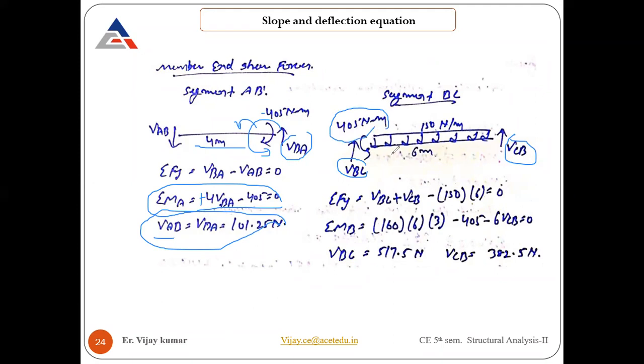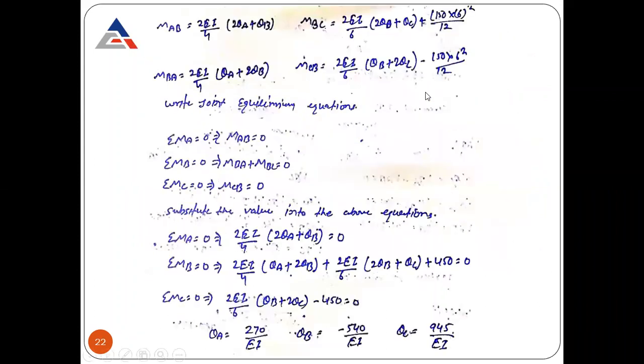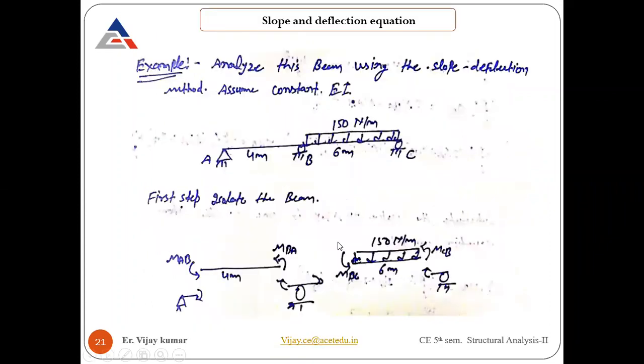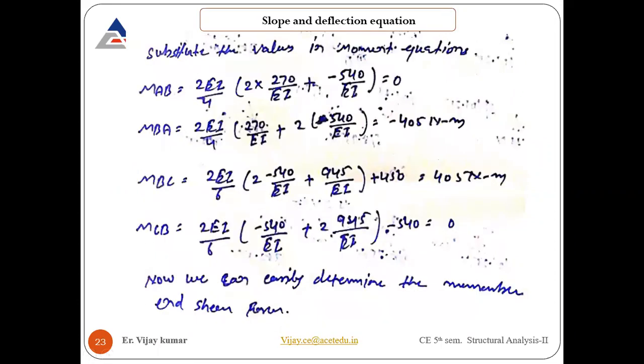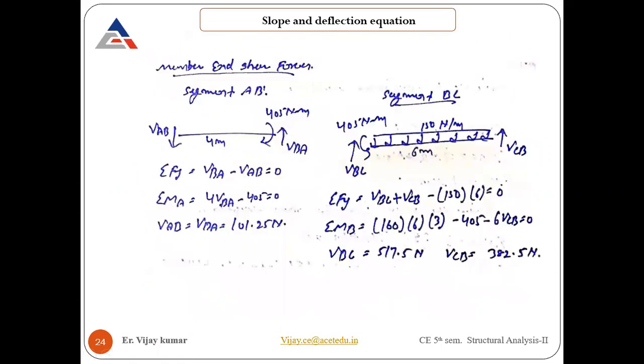Let me take you to the back side and show you the direction that I considered. The direction that I considered here gave a positive value, so no need to change it. Just take the same thing, VBC and VCB.